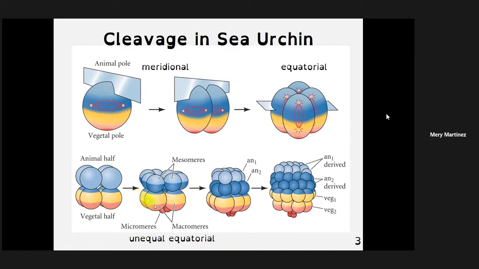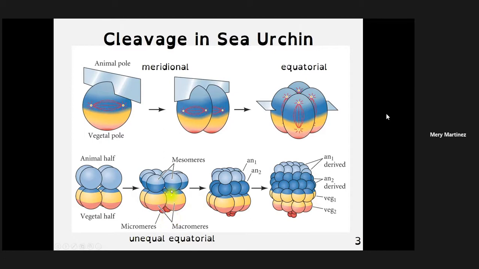The 4 cells that are on the vegetal hemisphere undergo an equatorial cleavage, but this cleavage is unequal. Okay, so this is an unequal equatorial division of the vegetal half, because the ones just underneath the mesomeres are bigger, and at the very end of that hemisphere are smaller.